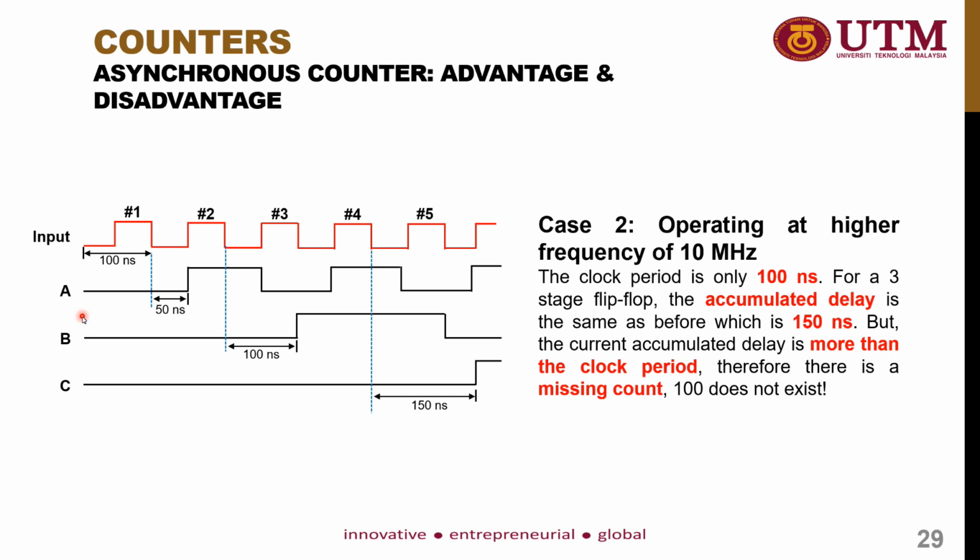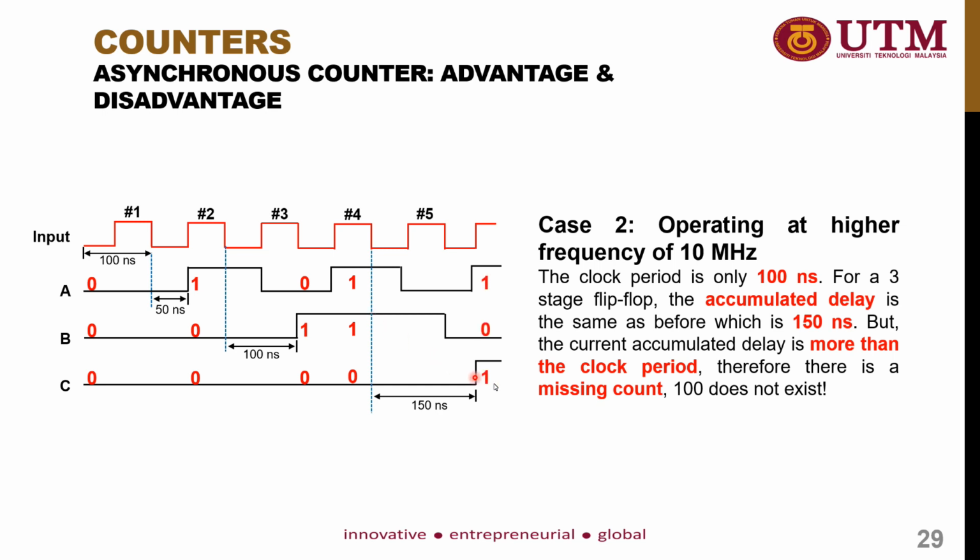When we start the count, as usual, the initial state is 000, and the next state is 001, because C is the MSB and A is the LSB. At the next count, it is 010, so it's still counting correctly. The next count is 011, so it is still counting correctly.